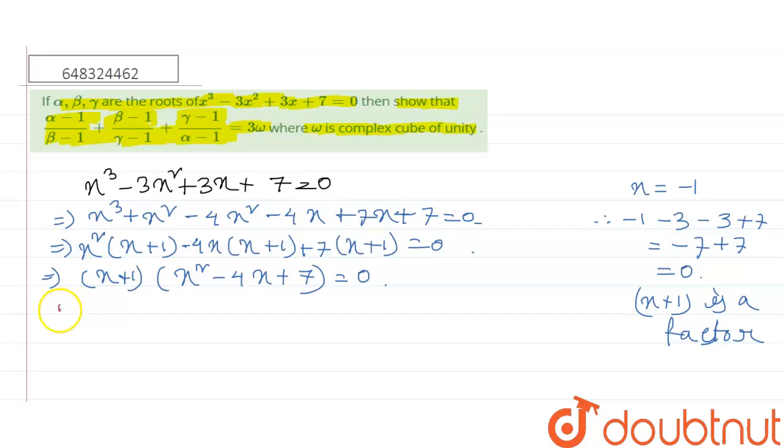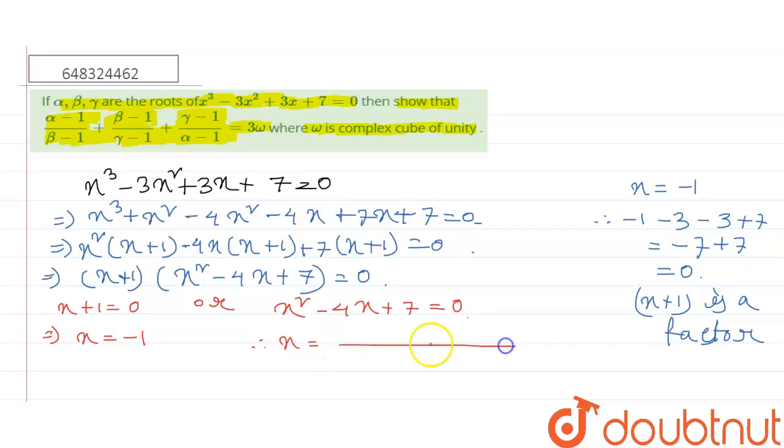So now x plus 1 equal to 0 or x square minus 4x plus 7 equal to 0. From this we get x equal to minus 1, so minus 1 is a root of the given equation. Now to solve this equation we use Sridhar Acharya's formula: x equals minus b plus minus root over b square minus 4ac by 2a.